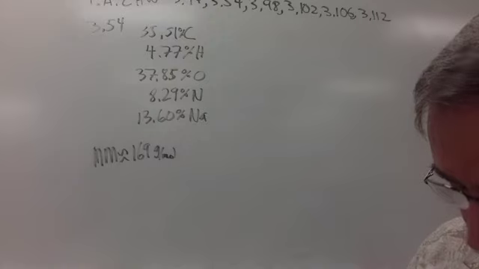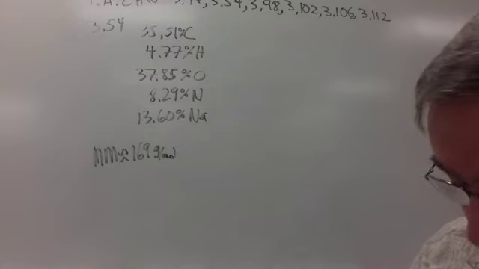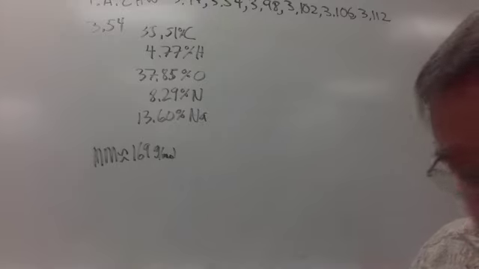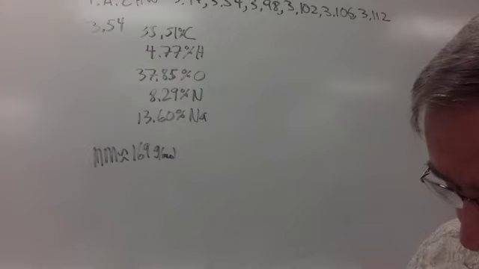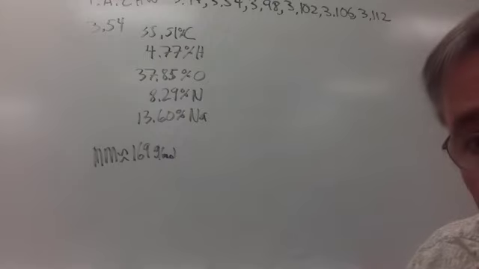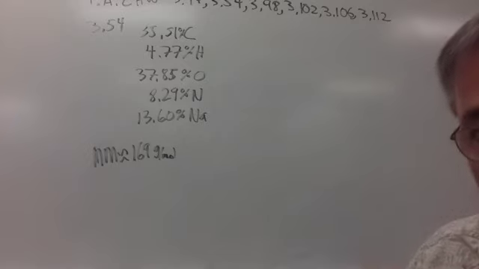MSG has the following composition by mass: 35.51% carbon, 4.77% hydrogen, 37.85% oxygen, 8.29% nitrogen, and 13.60% sodium. So in this case, they've given us all the percents. We don't have to subtract from 100 to get a missing percent. What is its molecular formula if its molar mass is about 169?